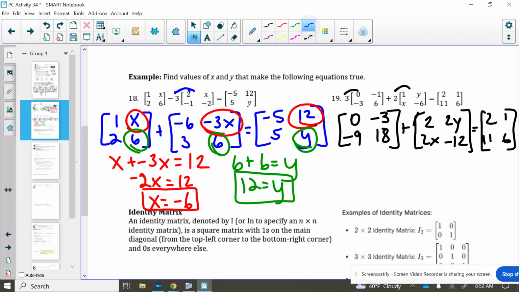And again, you want to line these up. If I'm solving for x, I want the corresponding entries for that. And then I also want to do the same for y. So notice y is second row, or first row, second column. So you want to line up those corresponding entries to set up your equations.